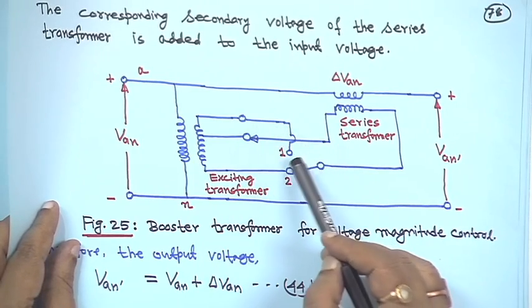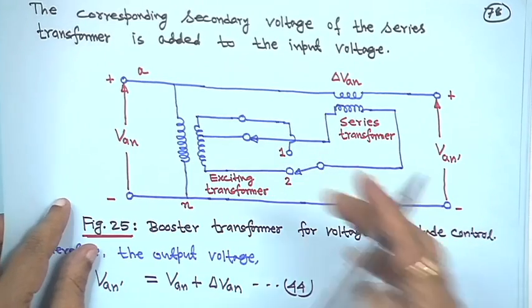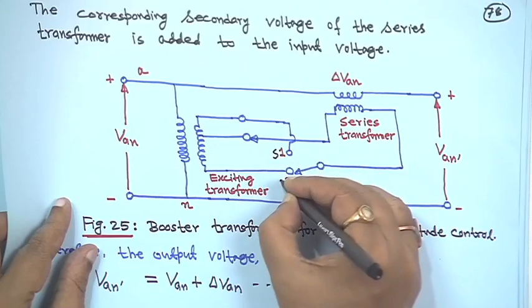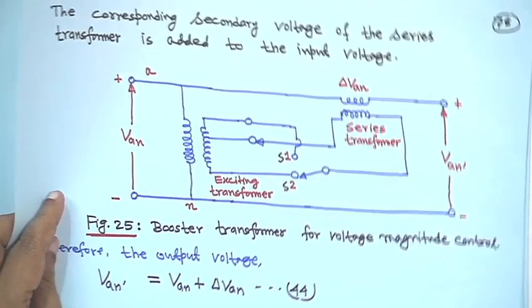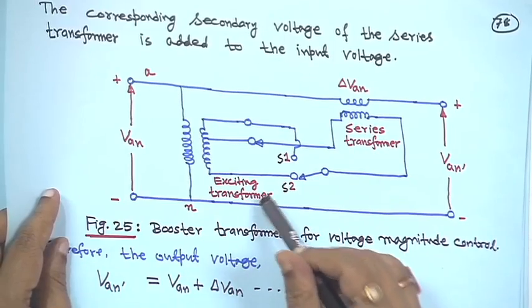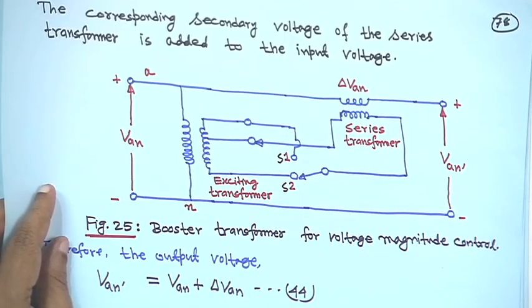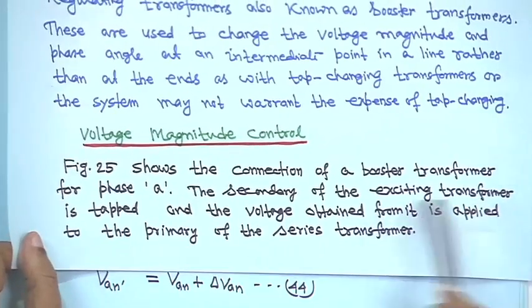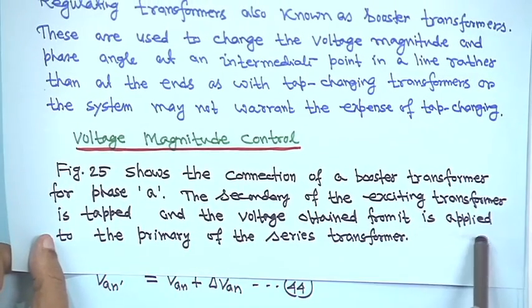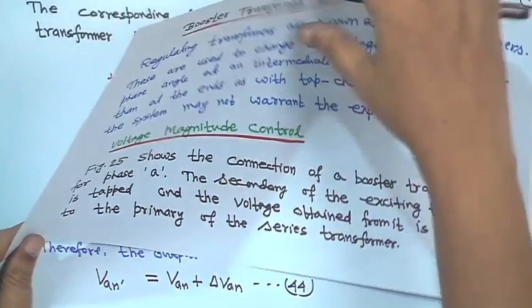Suppose two switch positions are there, say S1 and S2. Now, the secondary of the exciting transformer is tapped and the voltage obtained from it is applied to the primary of the series transformer.